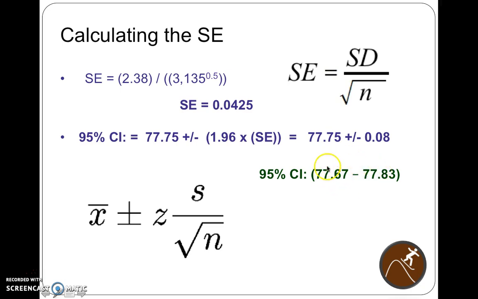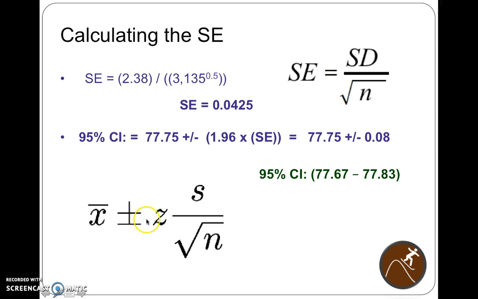There's still a 5% window that the actual true mean could be outside of that window, but we're 95% confident that the true mean lies between here. Pretty tight confidence interval, between 77.67 and 77.83, when the true is 77.75.